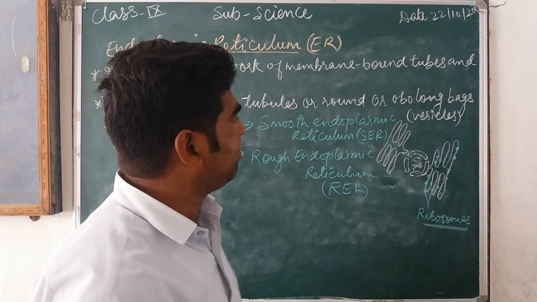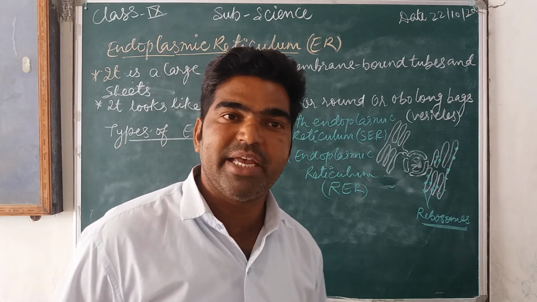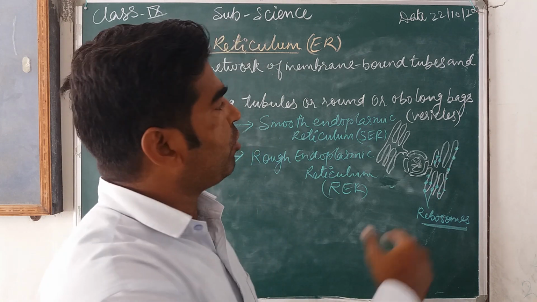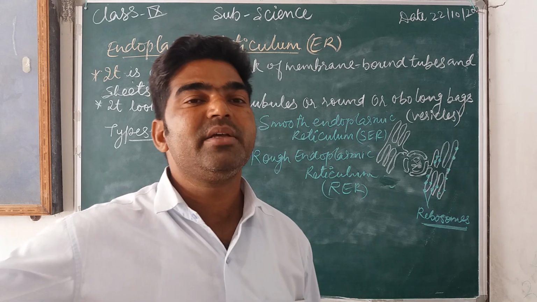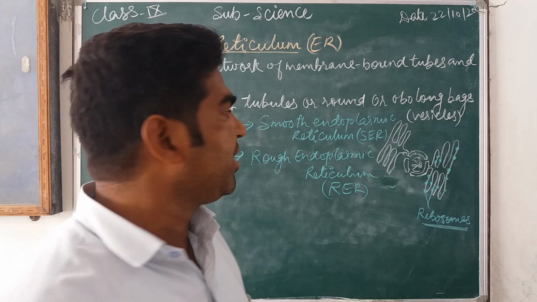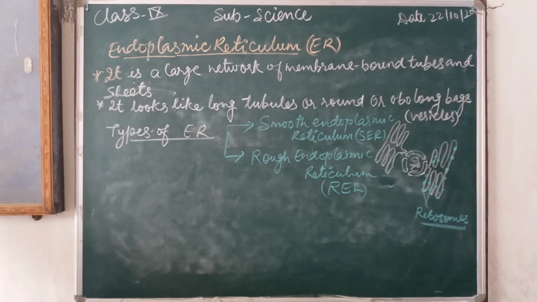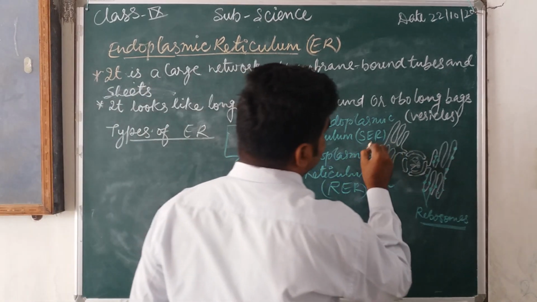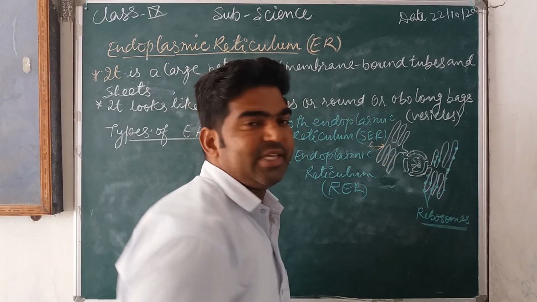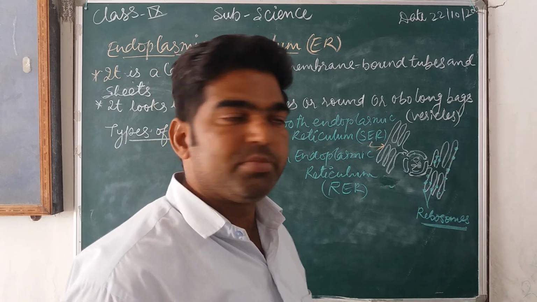Smooth endoplasmic reticulum means the type of endoplasmic reticulum where ribosomes are absent. The surface of the tubes, oblong vesicles and bags looks smooth. This one is a smooth endoplasmic reticulum, because there are no ribosome granules on its surface.